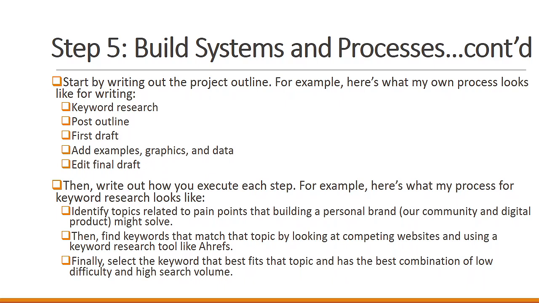For example, identify topics related to some points, maybe building a particular digital solution, find keywords that match that particular topic, then finally integrate the keywords and the topic so that you can have high search volume.